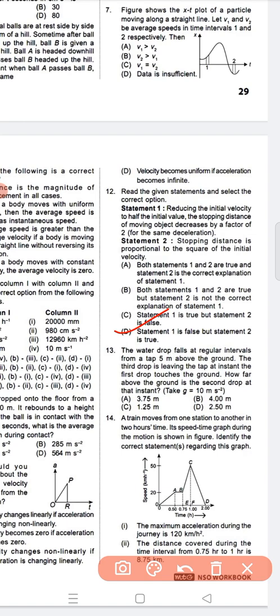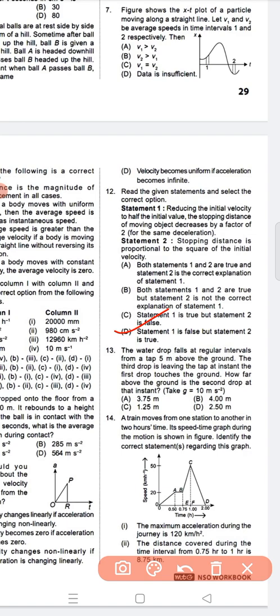Question number 13, a water drop falls at regular intervals from a tap 5 meter above the ground. The third drop is leaving the tap at the instant the first drop touches the ground. How far above the ground is the second drop at that instant?